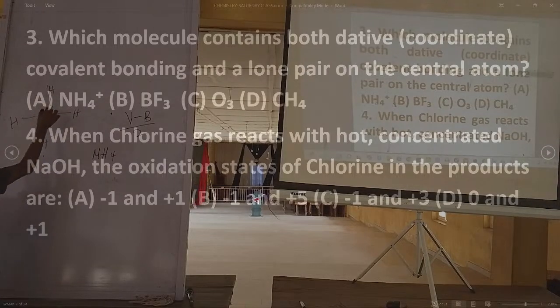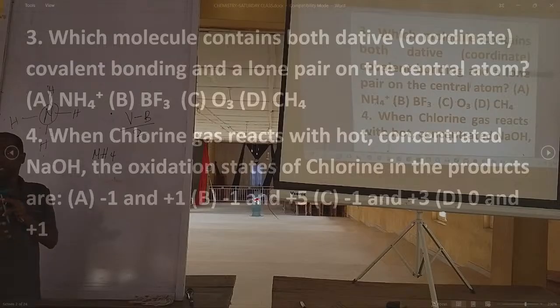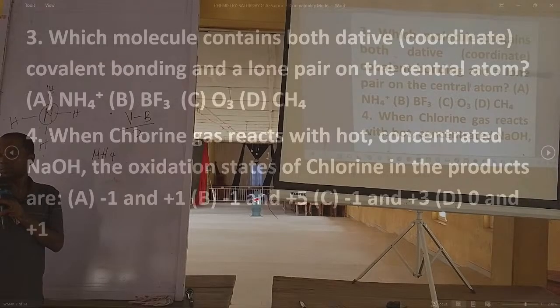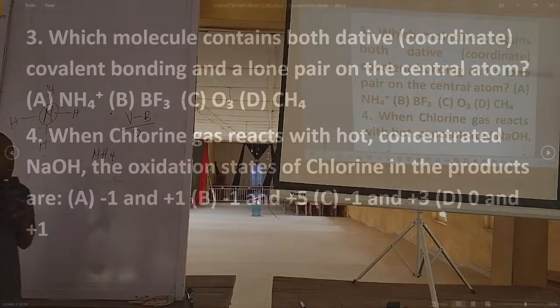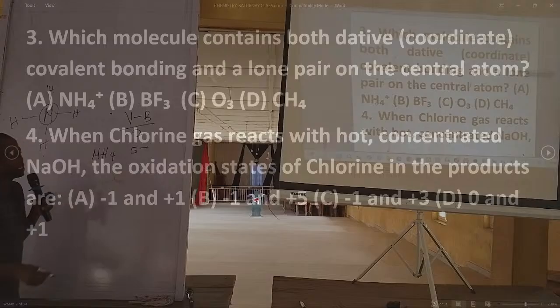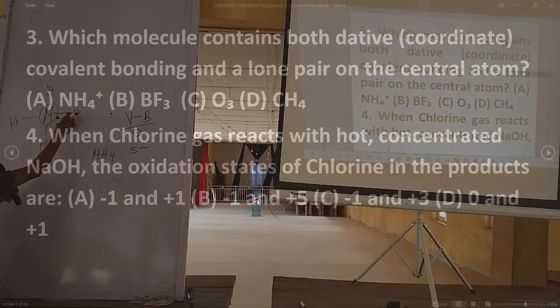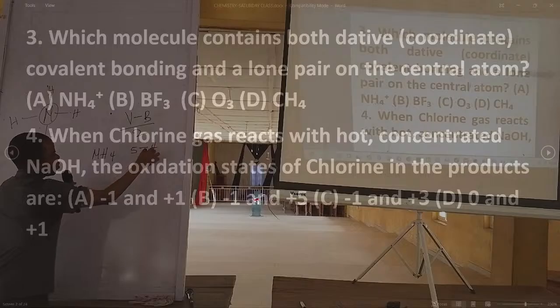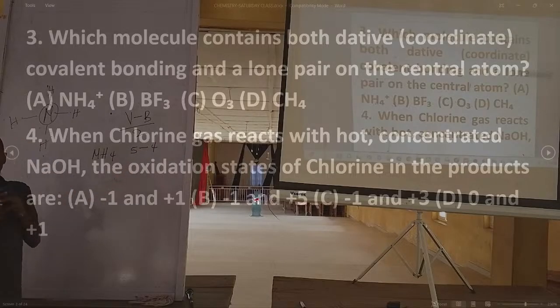You can see the central atom is nitrogen. We know nitrogen belongs to group 5 in the periodic table. All elements in group 5 have 5 valence electrons. So our V is 5, minus how many bonds does it form? 1, 2, 3, 4. It forms 4 bonds here.